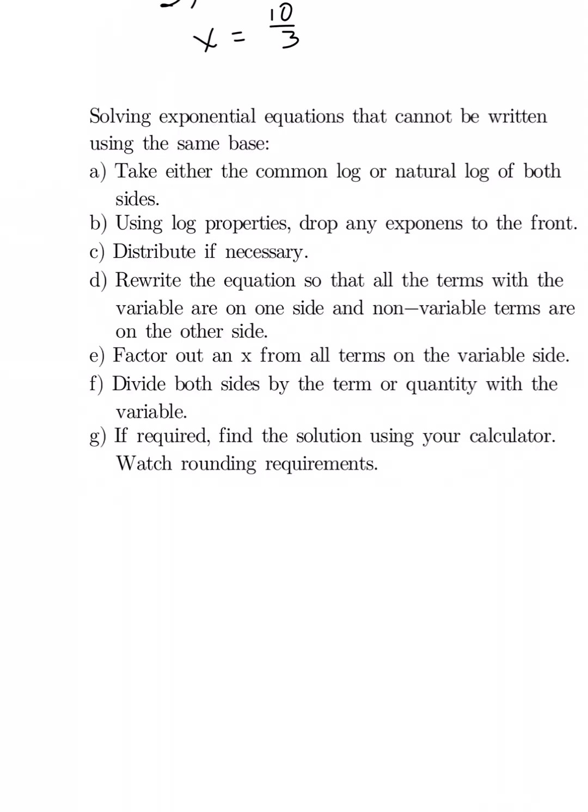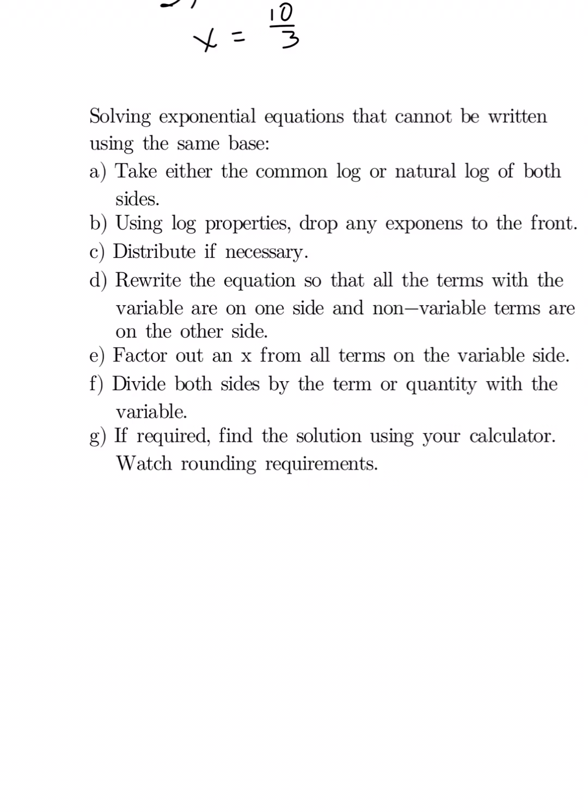We are going to now be looking at exponential equations that cannot be written using the same base. When this happens, there are some steps that you should always follow. You take either the common log or the natural log. It does not matter which one you use of both sides of your equation.